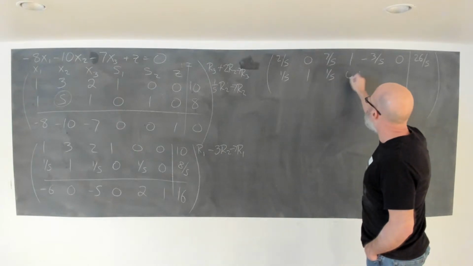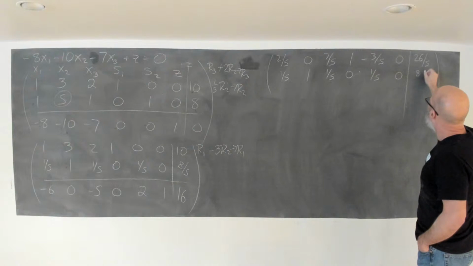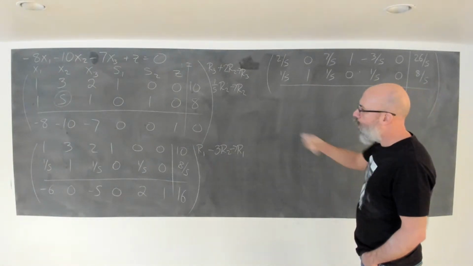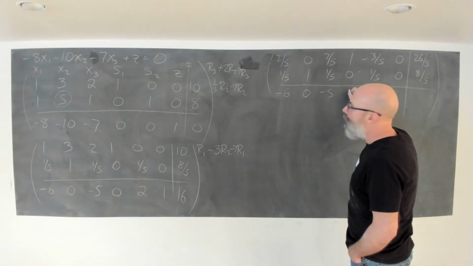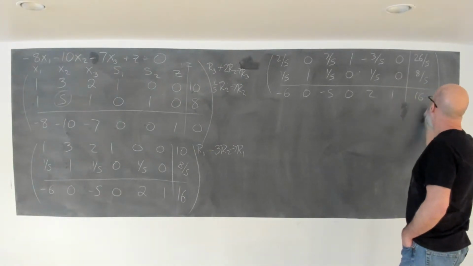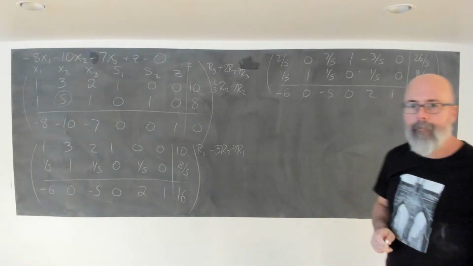I mean, you recognize, I'm sure, that we've got lots of fractions here in the row reduction. We try to leave the fractions until the end, but here we don't have that luxury.